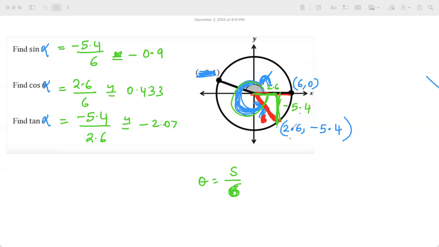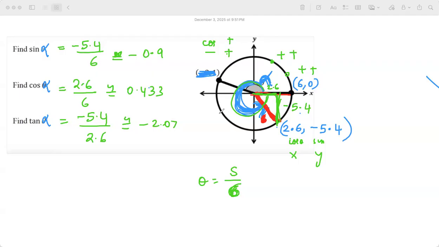Whether it is a unit circle or not, you remember x comma y represented cos theta, sin theta, or cos alpha, sin alpha, right? Any point in this quadrant will be positive, positive. Any point in this quadrant will be negative, positive, so cos will be negative, sin will be positive.